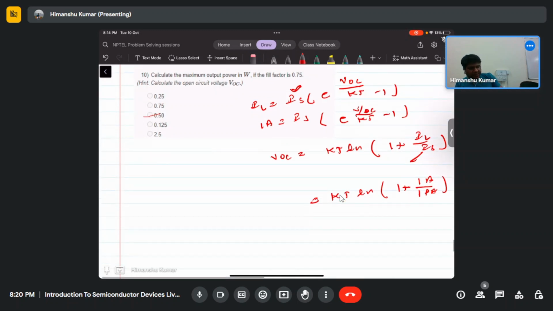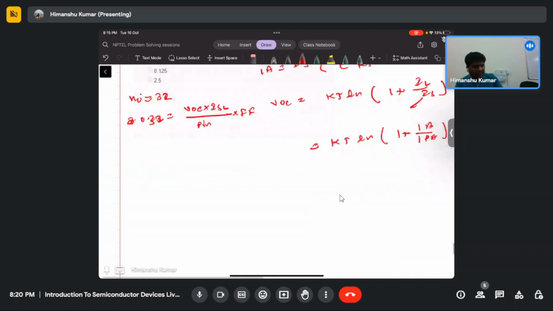The maximum efficiency of a silicon solar cell is around 33% or 32%, the Shockley-Queisser limit. So if you take 32% or 0.32, it equals V_OC multiplied by I_SC divided by power input, multiplied by the fill factor.